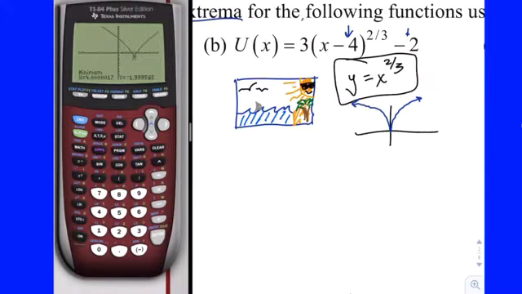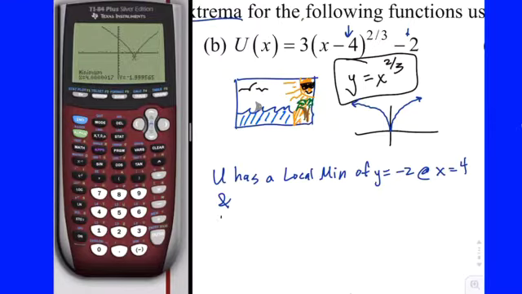So let's go ahead and write it then. We could say that U has a local min of y equals -2 at x equals 4, and U also has a what?